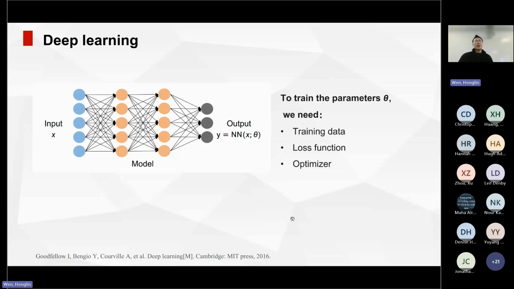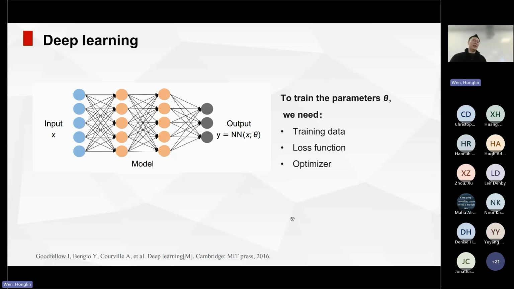So now the neural network based model, due to its flexibility, has gained great attention, right? What you need is just training data, a very good loss function, and a good optimizer. Most of the advances are about the model types, the transformer, the attention mechanism, and optimizers like Adam.